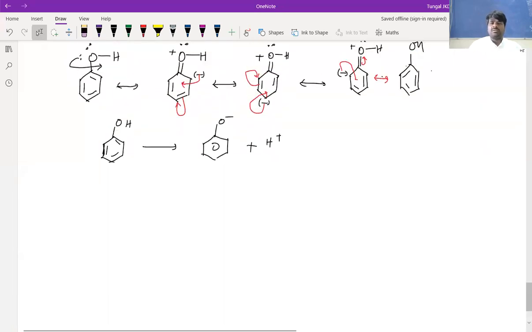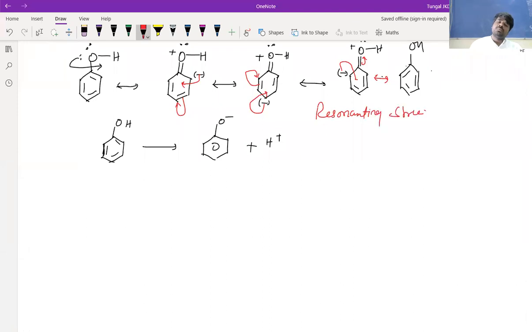These are all resonating structures of phenol. This is your phenol and this is your phenoxide.